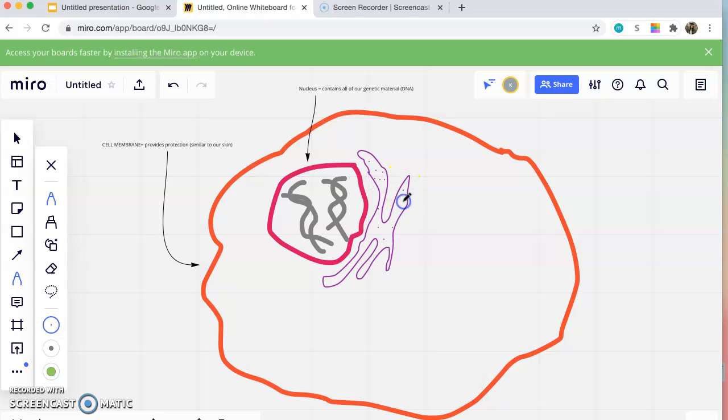So go ahead and draw some dots on here. This is basically the rough aspect of the endoplasmic reticulum, okay, because we're going to talk about the smooth endoplasmic reticulum as well. The rough aspect comes from these dots.